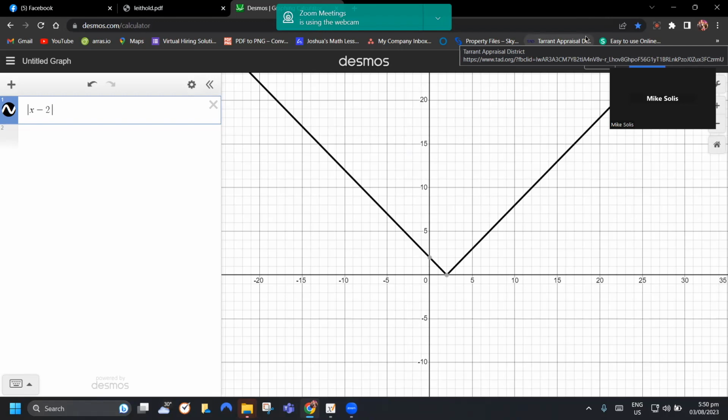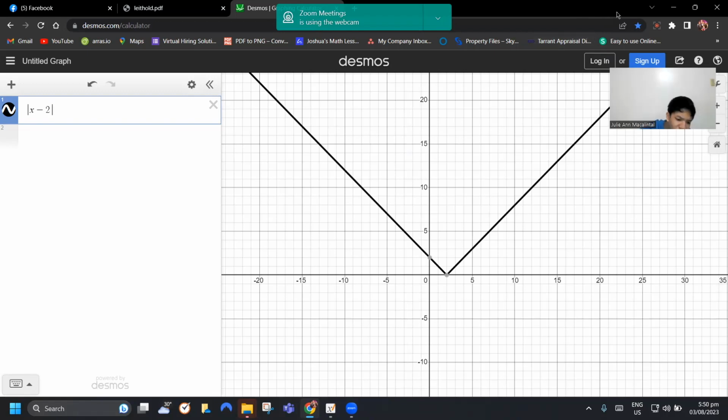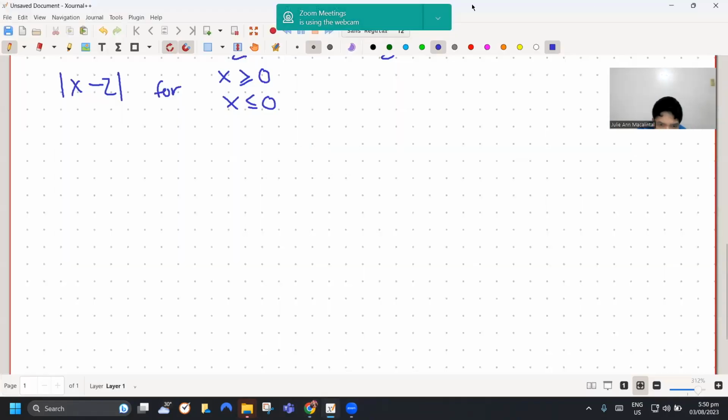So, ano yung sagot mo? X is greater than or equal to 2. So, yung isang domain ay x is greater than or equal to 2. Tapos yung other domain ay x is less than or equal to 2. Okay.